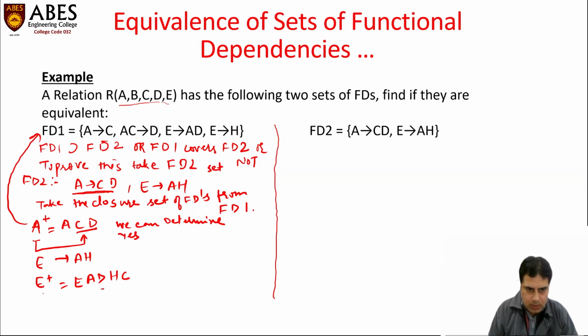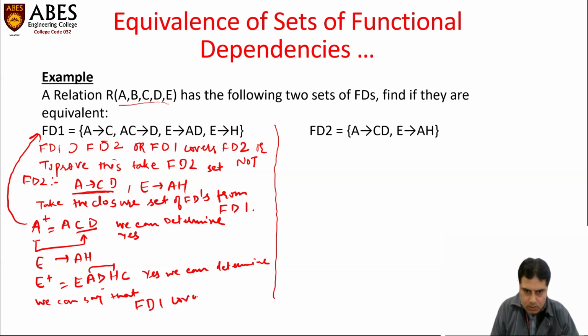So from E, we can determine A and H. Yes, we can determine. So from this, we can say that FD1 covers FD2.